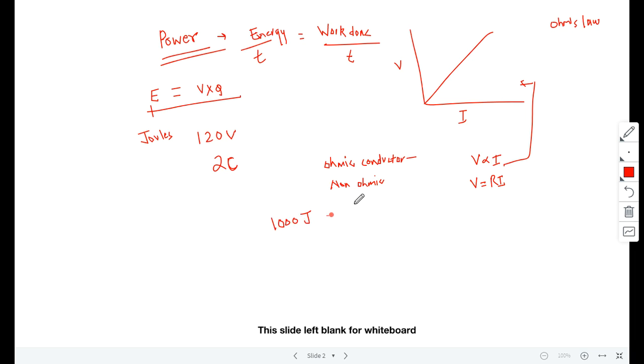If a charge of 20 coulomb is flowing, calculate the potential difference. So 1000 J is equal to 20.